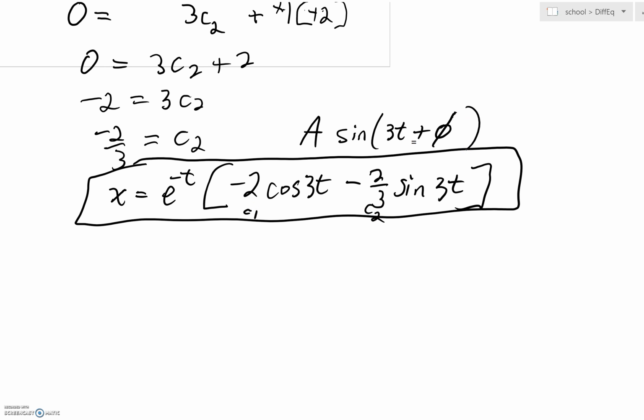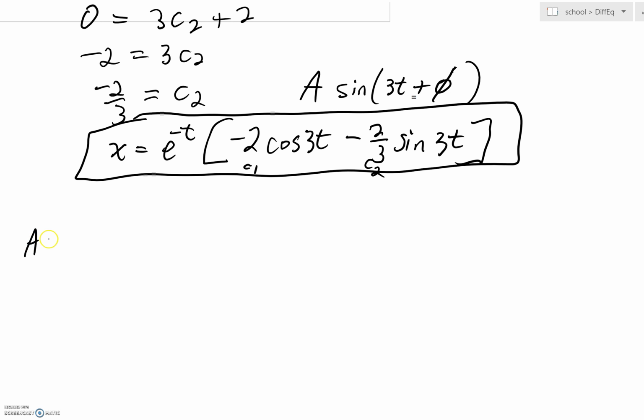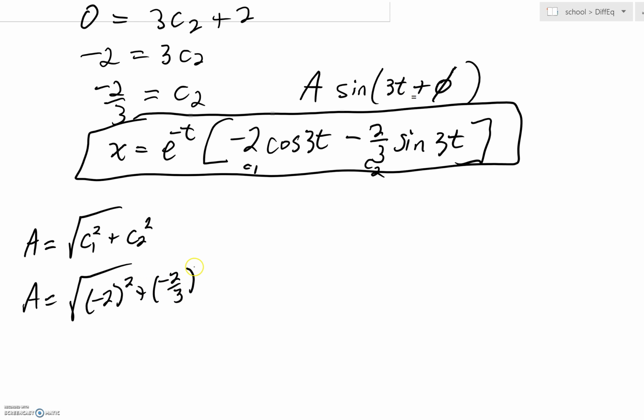Real quickly, let's finish that up. We knew A was equal to the square root of c1 squared plus c2 squared. Very fast, we can work that out. We'll have negative 2 squared plus this negative 2/3 squared, and that's going to be a 4 plus 4/9.